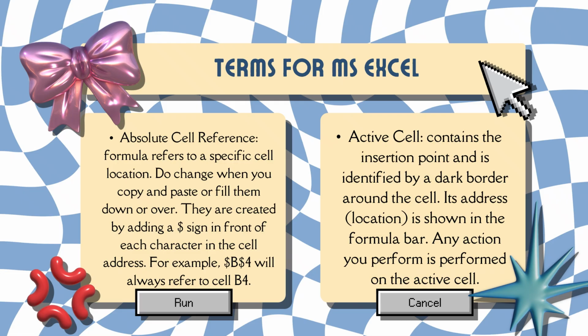For example, $B$4 will always refer to cell B4. Active cell contains the insertion point and is identified by a dark border around the cell. Its address is shown in the formula bar. Any action you perform is performed on the active cell.